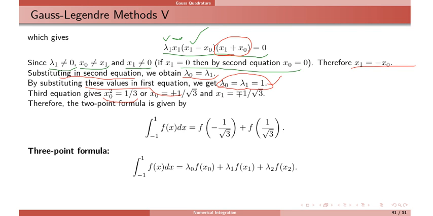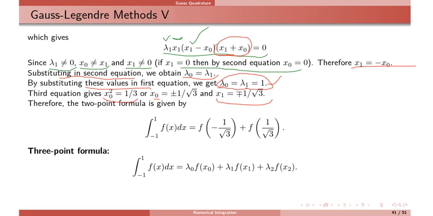So x0 is plus minus 1 by root 3, and x0 and x1 are of opposite signs. So x1 is minus plus 1 by root 3. So you have two possibilities. If x0 is 1 by root 3, then x1 is minus 1 by root 3 and vice versa.